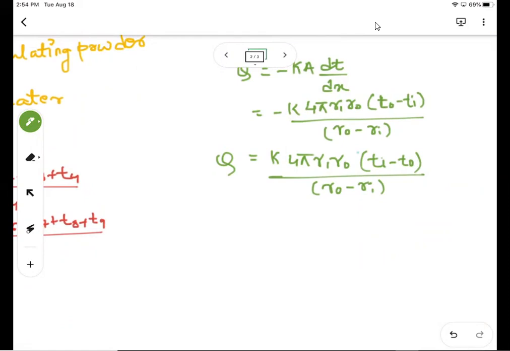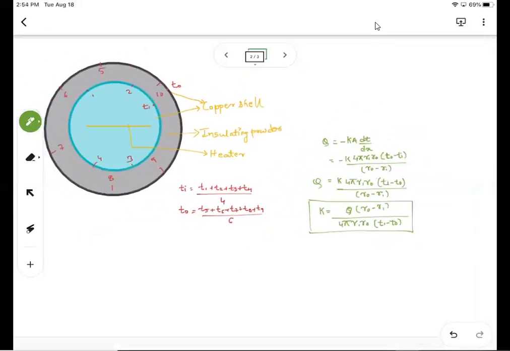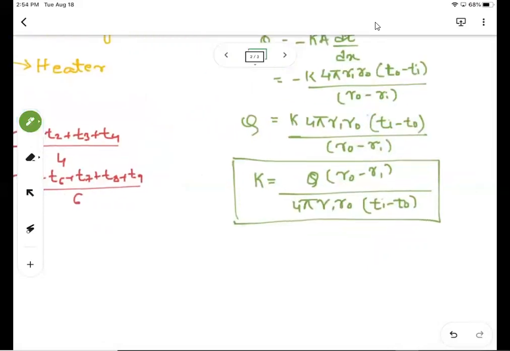If I want to know the thermal conductivity, which is nothing but K, I will shift the remaining terms to the other side. So my new equation would become K equals Q into Ro minus Ri upon 4 pi Ri Ro, Ti minus To.